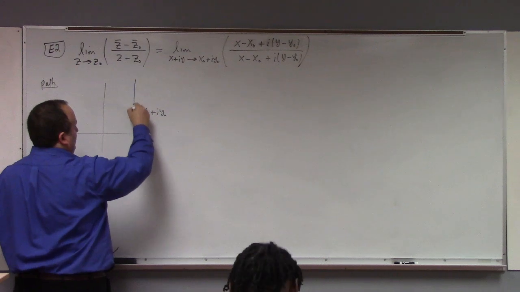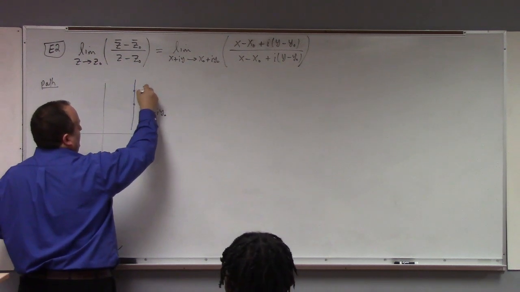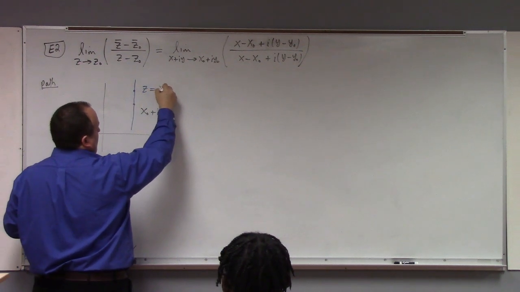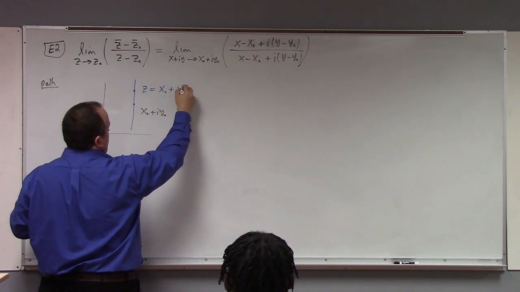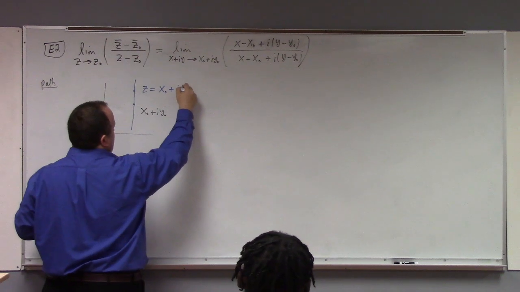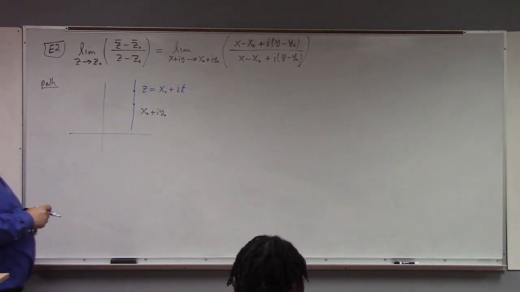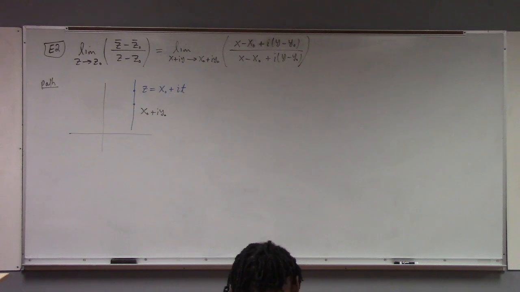Vertical. Okay, so that one, I would put z equal to what? X naught, right? Plus it, let's say. Then when t equals t naught, I'm going through y naught, right?